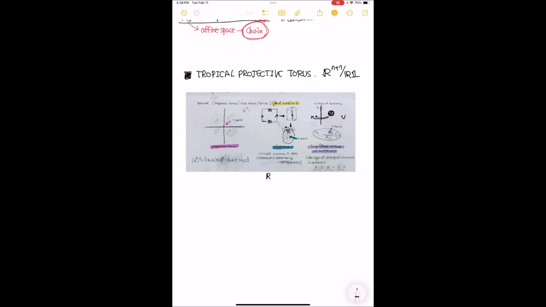Or if our plane R times R is given, by identifying integers, we can obtain a torus. That is the flat torus.